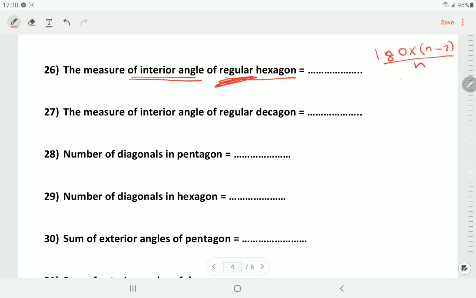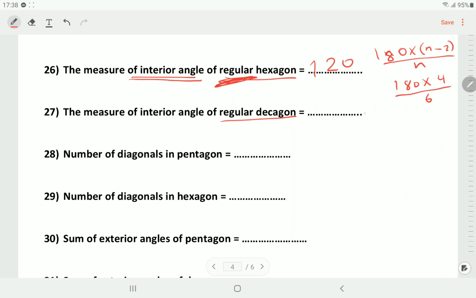In a hexagon you have 6 sides, so we substitute n with 6. Then 180 multiplied by 4 equals 720. Then 720 divided by 6 equals 120. And what about a regular decagon?